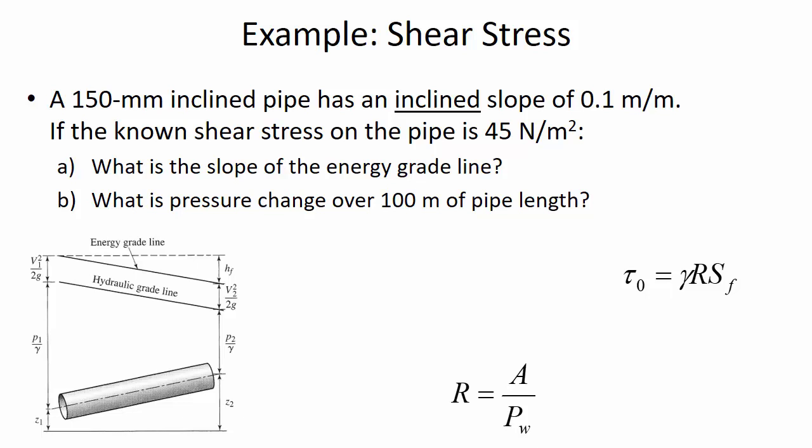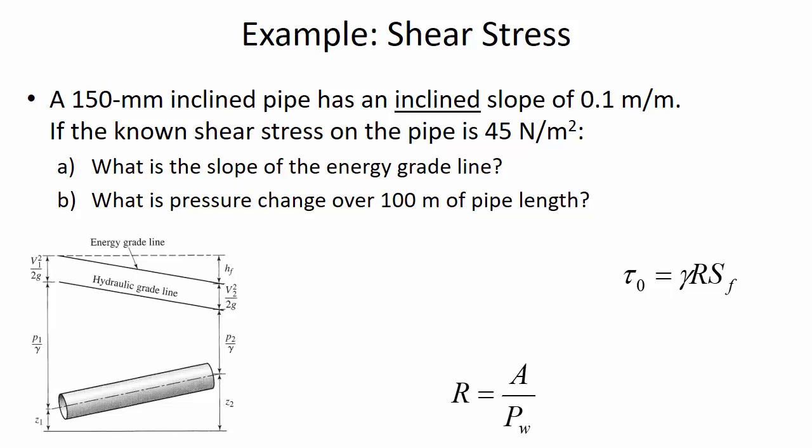And then of course, our energy equation is P1 divided by gamma plus Z1 plus V1 squared divided by 2g is equal to P2 divided by gamma plus Z2 plus V2 squared divided by 2g plus H sub F. So I've dropped out the pump and turbine terms from the energy equation because we don't have either a pump or a turbine.